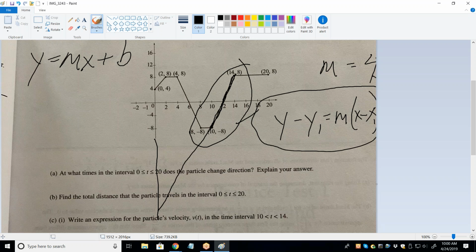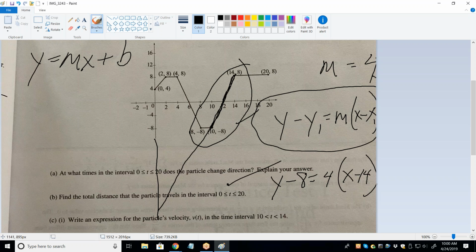My final answer, and the answer you would see if you had multiple choice answers, would be this: y minus 8 equals 4 times x minus 14. And that's it. You don't simplify that, unless your teacher has specifically told you to put it into y equals mx plus b format. But this is the final equation in point slope format.